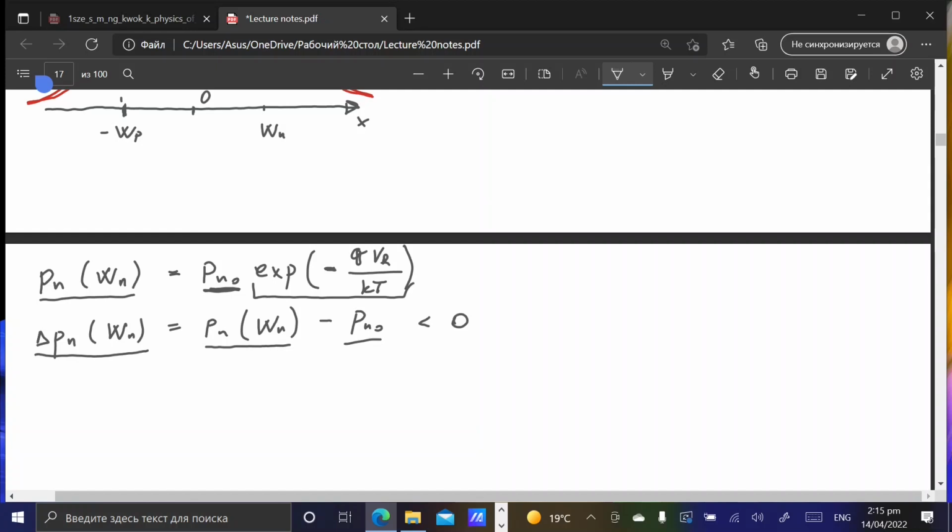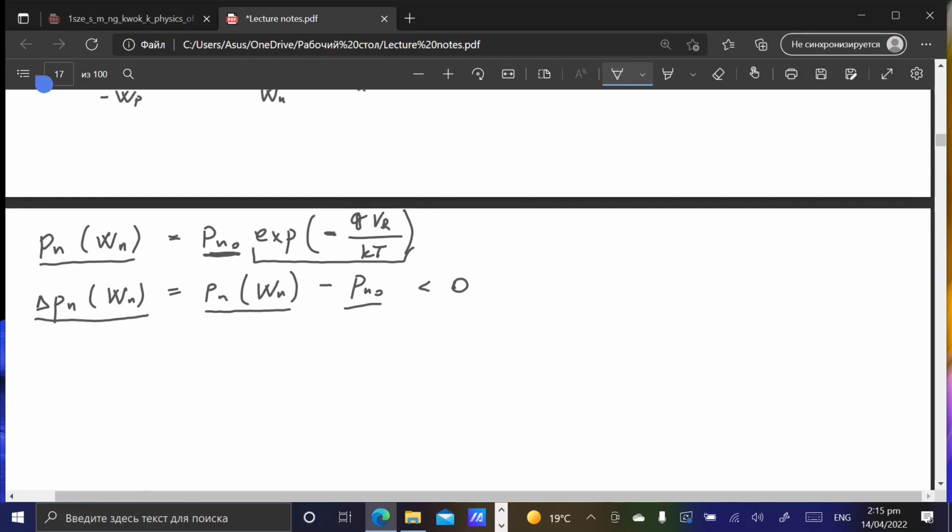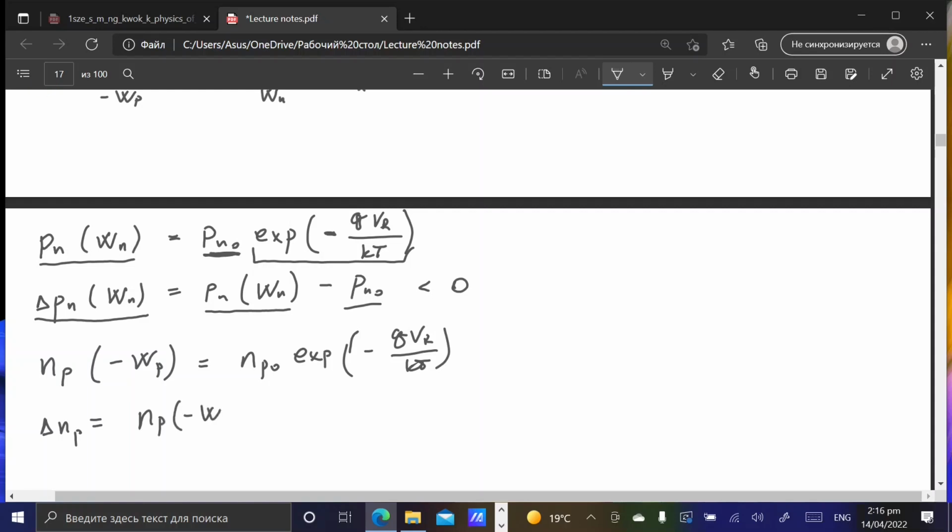So that is true for minority holes. We can write the same for minority electrons: Pn minus Wp is equal to Np naught exponent minus QVR divided by KT, and delta Np will be equal to Np at minus Wp minus Np naught, and that is also a negative value.